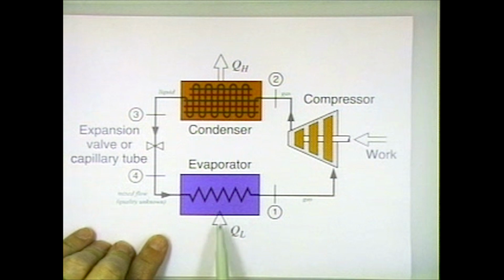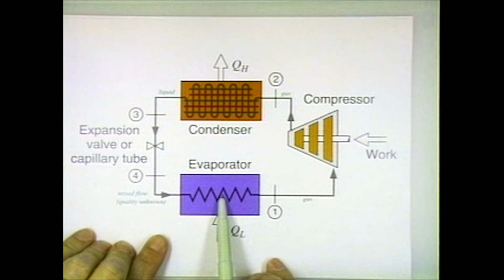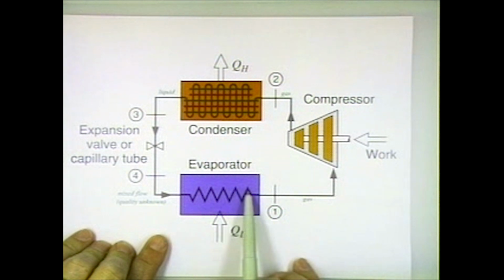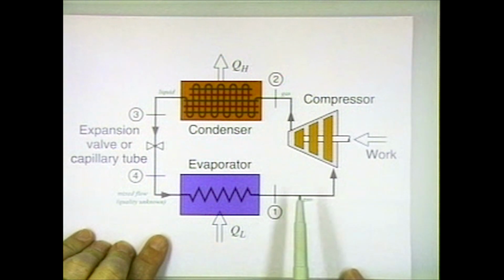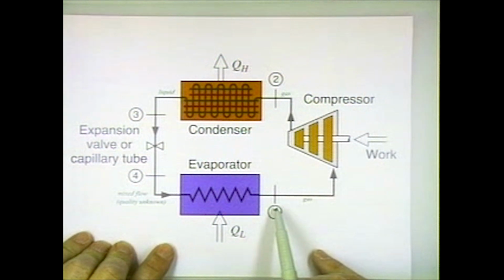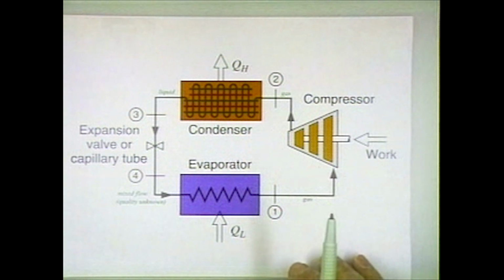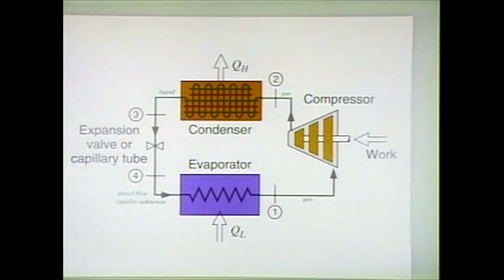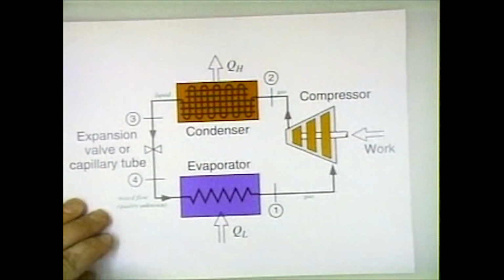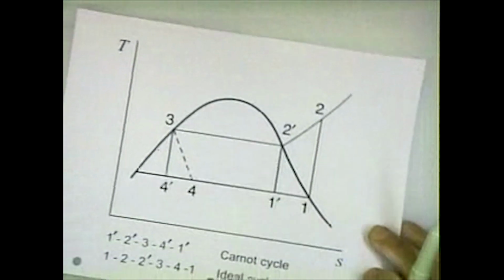It pulls heat out of the ambient air in your house and transfers it to the working fluid, causing it to evaporate, and it comes back out as a gas. Now notice I've labeled the different points 1, 2, 3, and 4. We're going to use that now as we look at a TS diagram, which you may recall from thermodynamics.